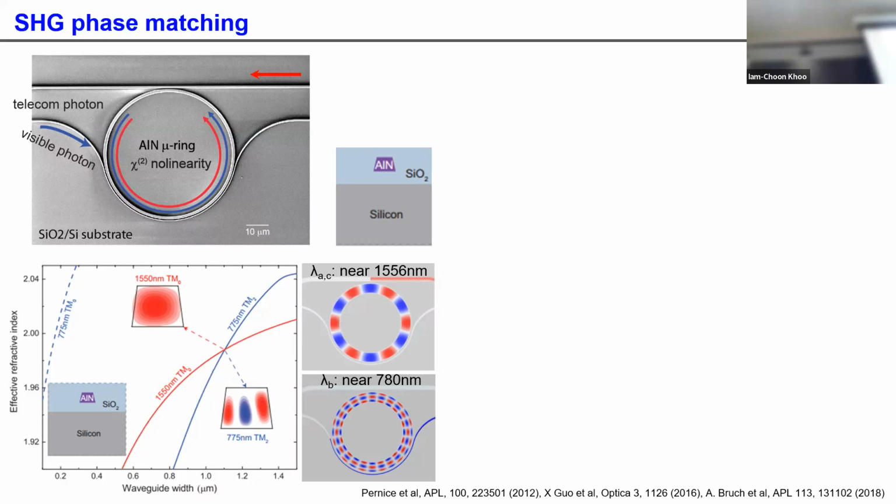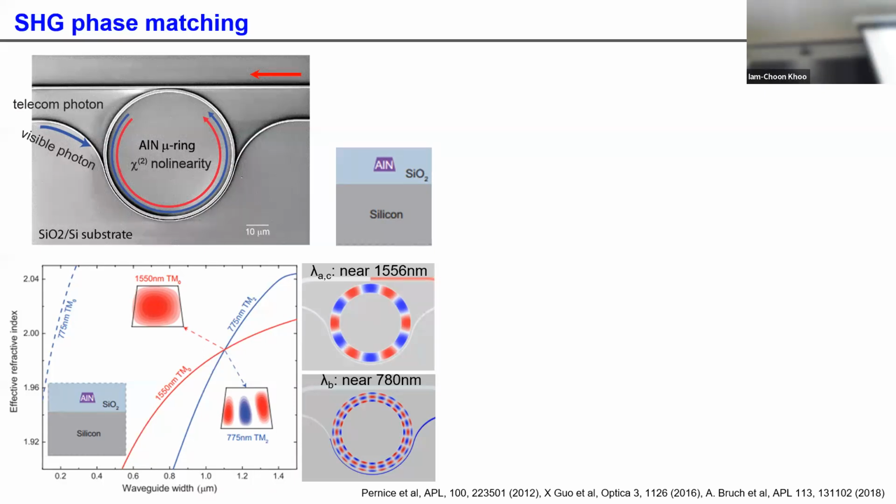If you work on a nonlinear material like lithium niobate, you achieve phase matching through periodic poling, which allows you to gain extra momentum from the poling. For this device, we do the phase matching by using geometric phase matching.